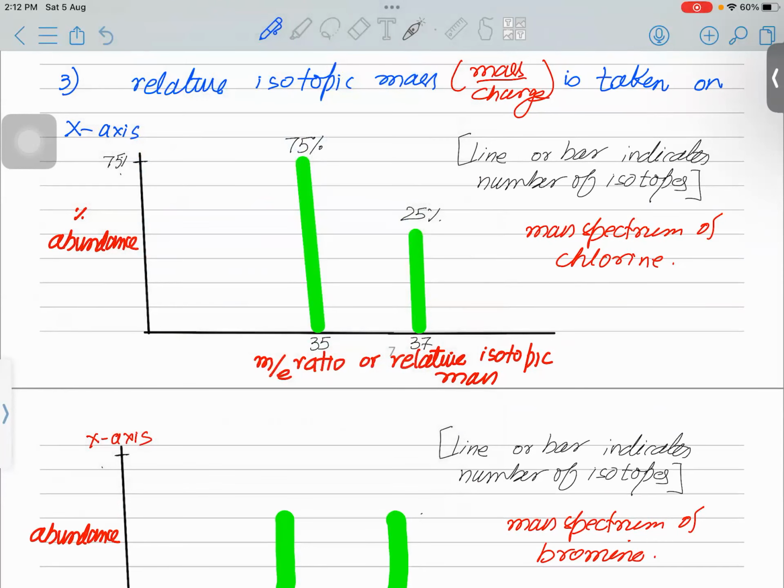Yes, sir. Sorry, I had background noise, so I couldn't answer. So what is the formula to find the Ar when percentage abundance is given? X1Y1 plus X2Y2 divided by 100. Whenever percentage abundance is given, use this formula.